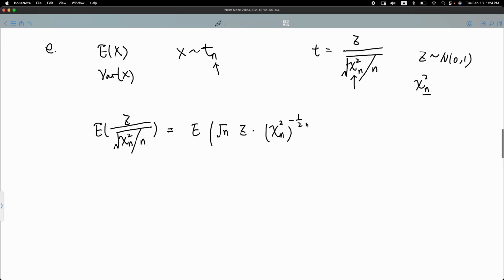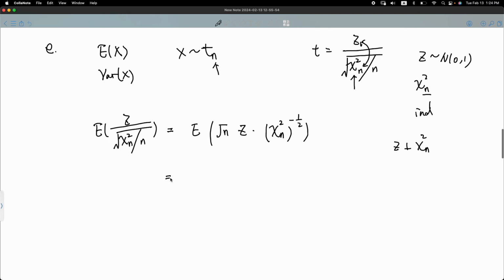Yes. Another thing we need to mention is that they are independent, the numerator and the denominator. Otherwise, this definition of a t distribution is not valid. So that gives us that Z is independent of this chi-square with degree of freedom n.